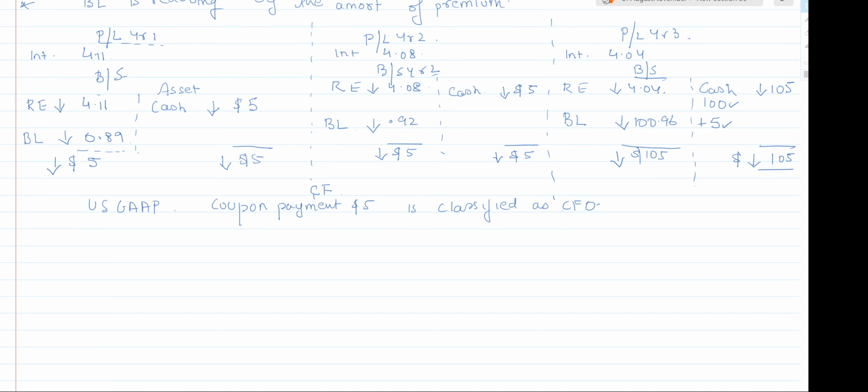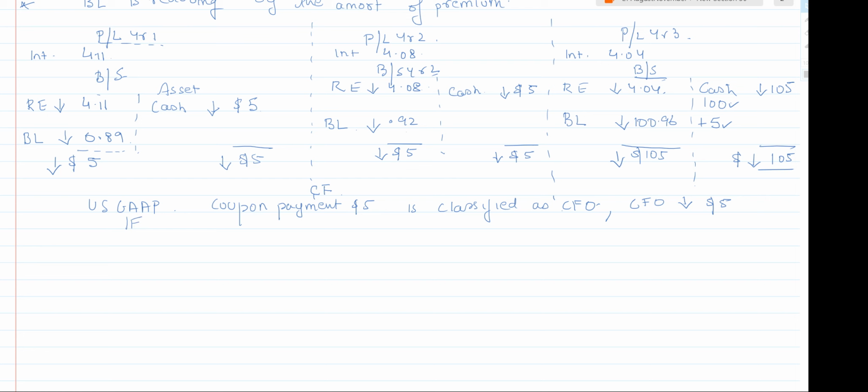When the issuer pays this coupon of $5, this coupon paid would be classified as cash flow from operations, right? And my cash flow from operations would reduce by the amount of coupon paid, so my cash flow from operations would go down by $5, right?